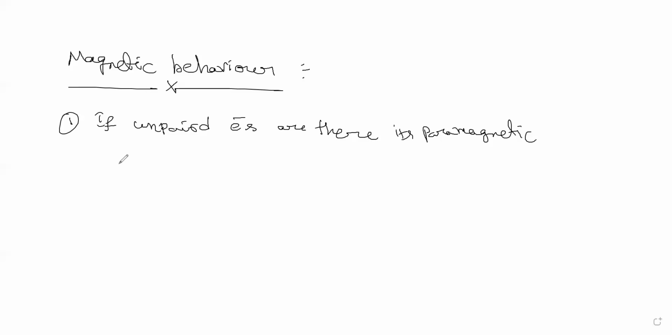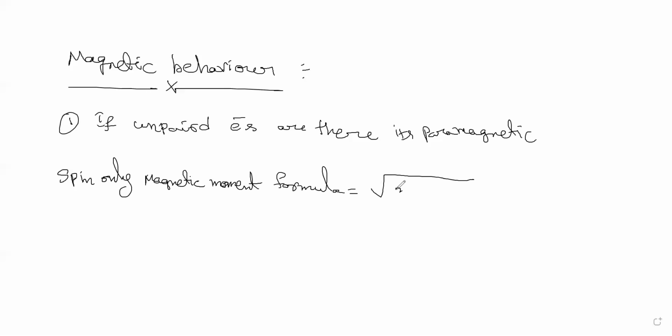If unpaired electrons are there, it's paramagnetic. There is something called the spin only magnetic moment formula. What is the spin only magnetic moment formula? That is square root of n into n plus 2 Bohr magnetons, where n is the number of unpaired electrons.